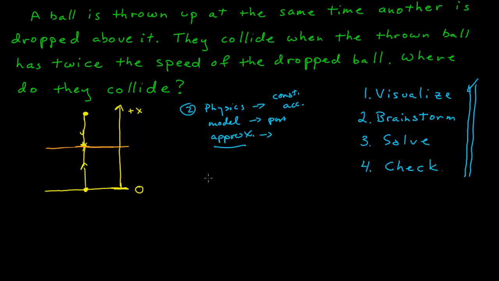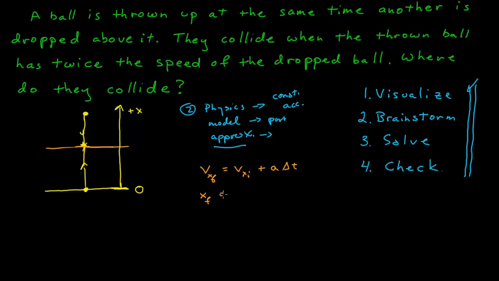So the physics that we're going to use, from our constant acceleration equations, is: our final velocity in the x direction is equal to our initial velocity plus the acceleration, which is constant, times the time interval between 2 points in time.